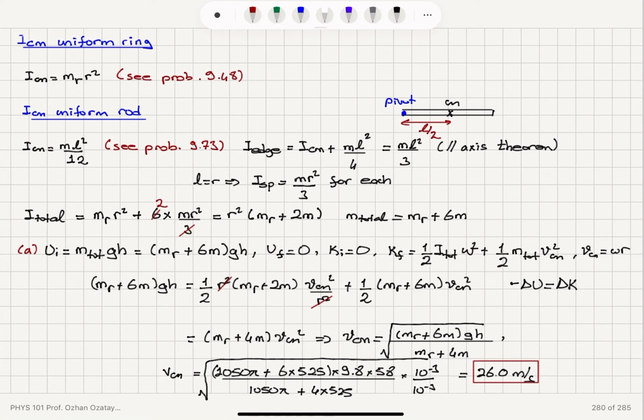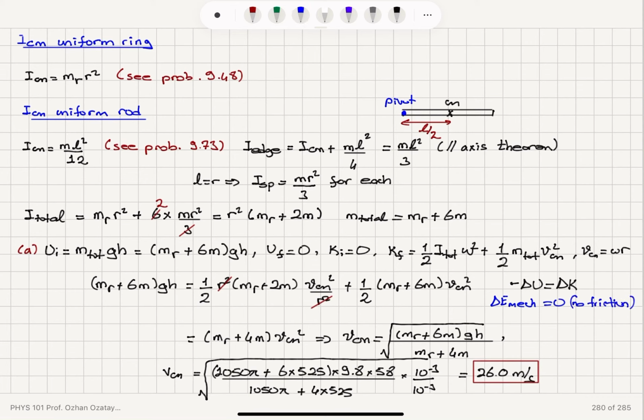So when this is released from rest on top of a hill, it has an initial potential energy of total m times gh, final potential energy 0, and initial kinetic energy 0 because it was released. The final kinetic energy will have 2 components: the rotational kinetic energy plus the translational kinetic energy of the center of mass. And V center of mass is equal to omega times the radius. So writing this conservation of mechanical energy, delta E mechanical is equal to 0, since there is no friction.